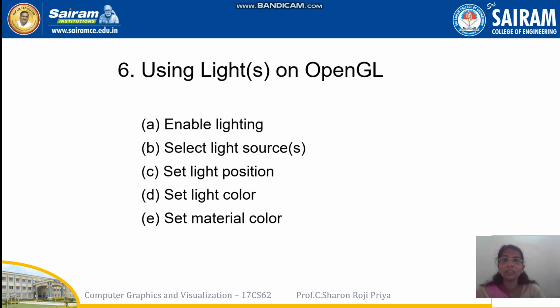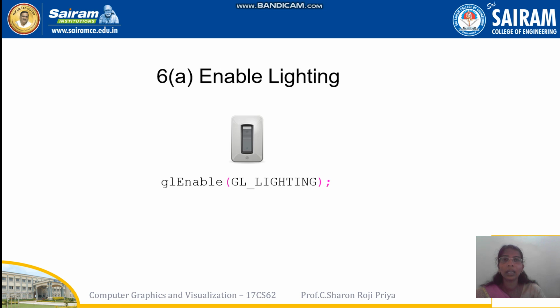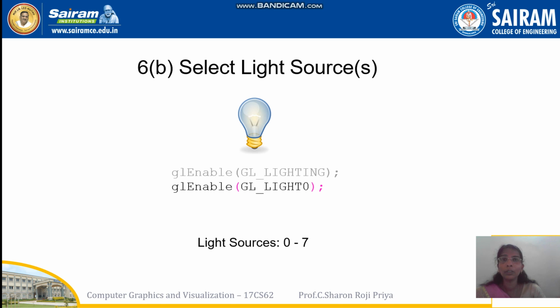Next are the light functions in OpenGL. To give this lighting effect, here is what I have to do in OpenGL, which we can see in the further slides. First, I have to enable GL_LIGHTING using the function glEnable. Second, in OpenGL at a time I can enable 8 light sources.